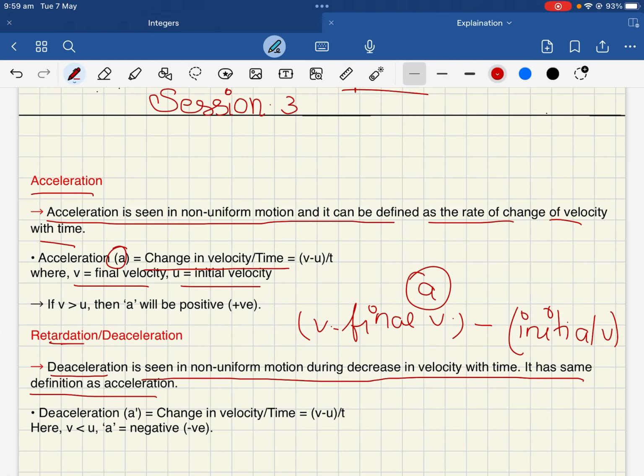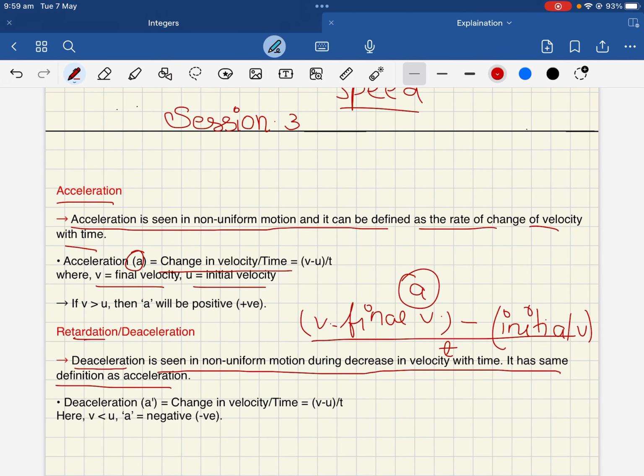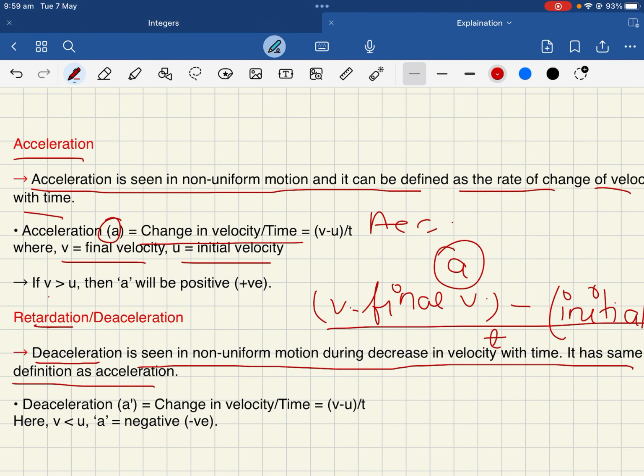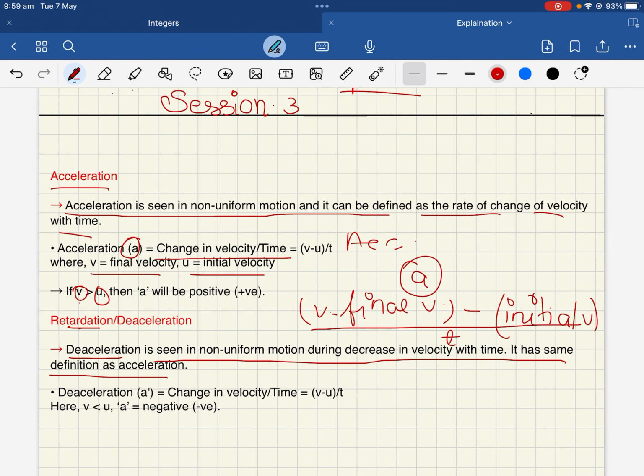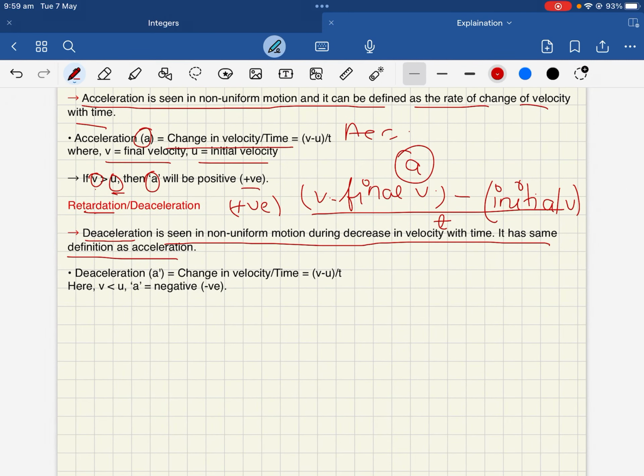And it has to be divided by time, the difference. Thus we will get acceleration. If v is greater than u, if the final velocity is greater than the initial velocity, then a will become positive. Okay, this was relatively simple.